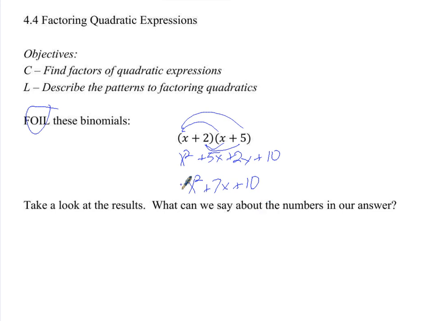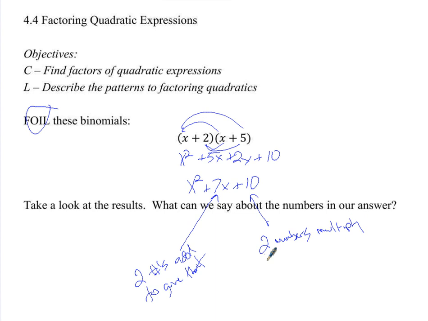So if I gave you this problem right here and I said factor it, which means go backwards from the distributive property, by the way. Distributive property is multiplication. Factoring is actually division. If I said factor this, then you'd be splitting this into a FOIL problem, and you'd be looking for two numbers that add to give that, and then two numbers that multiply to give that.